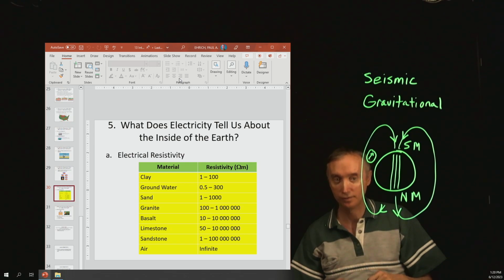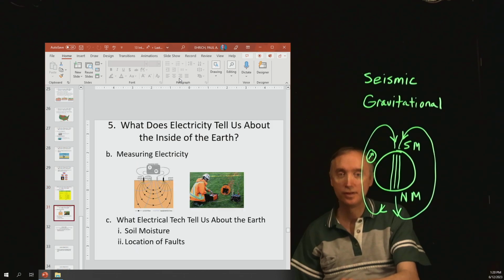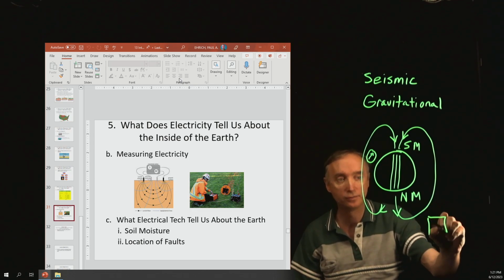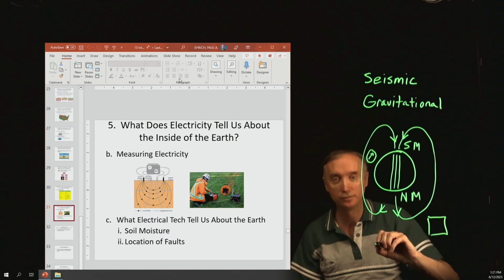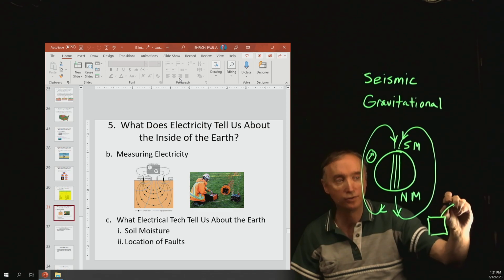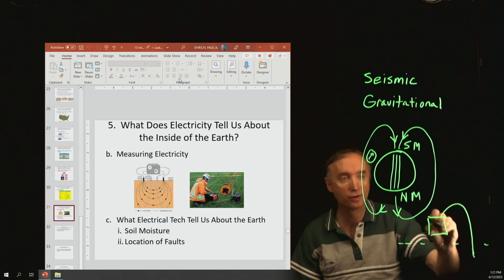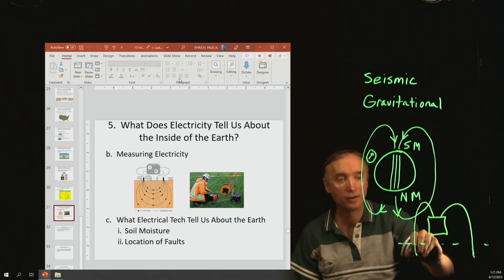All of these different things do not conduct electricity very well. So, a device that can measure electricity is going to consist of a battery that produces electricity, and then all you've got to do is run it to a pole that you pound into the ground over here and then over here.